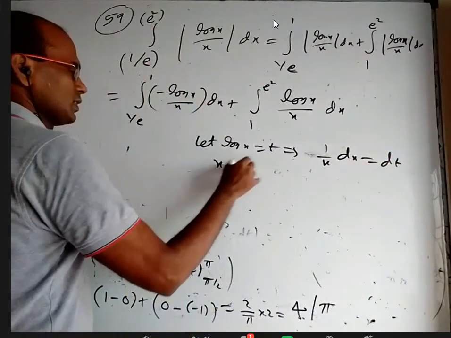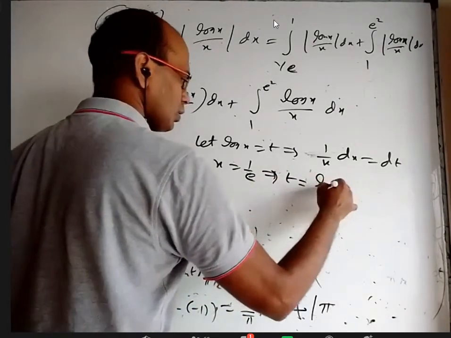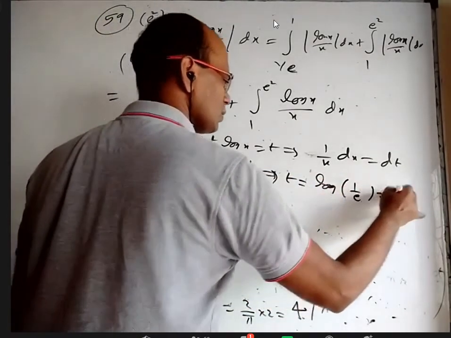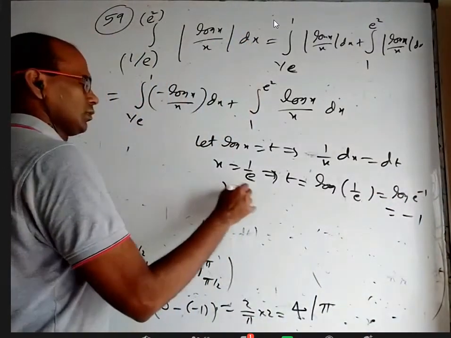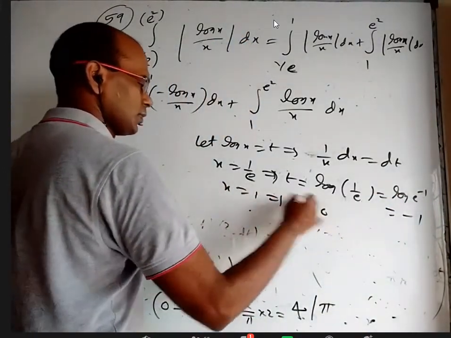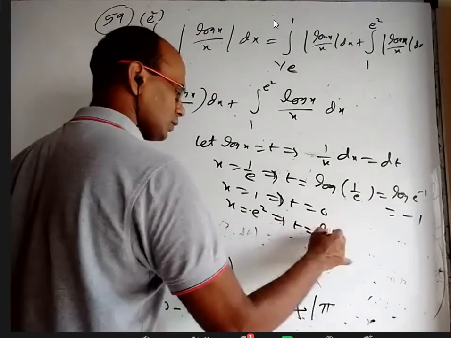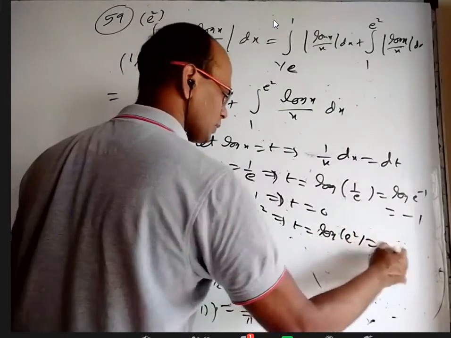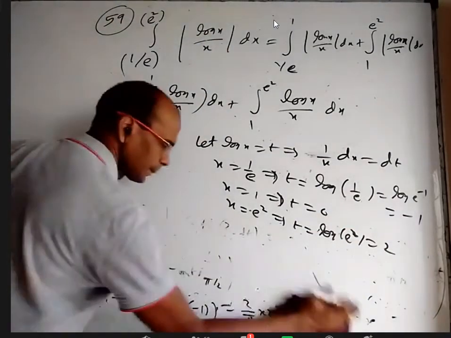Limits: when x is 1 by e, t is log of 1 by e, means log of e power minus 1, which will be minus 1. When x is 1, t will be 0. When x is e square, t will be log of e square, which is 2 log e, it will be 2.